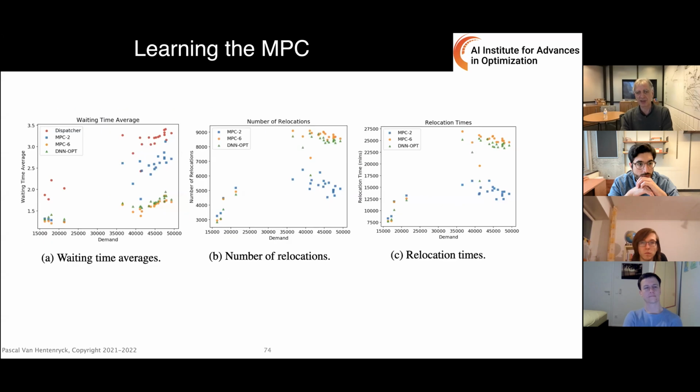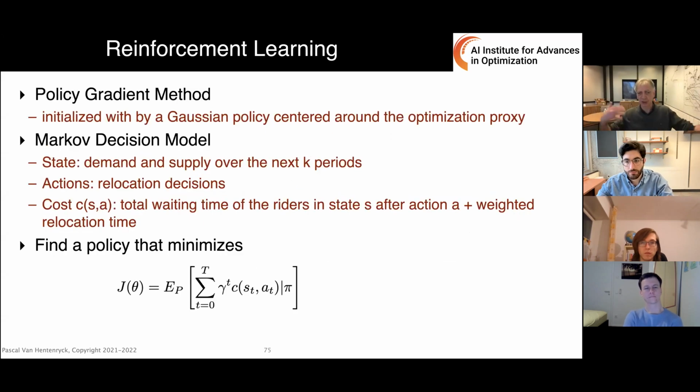The interesting thing is, once again, we are building digital twins for these operations. And we now have essentially a policy for this model predictive control. And since we have the digital twin, we can use that digital twin to actually improve that policy using reinforcement learning. And that's what we're doing here as well. So we use a policy gradient optimization to see if we can improve the optimization proxy.